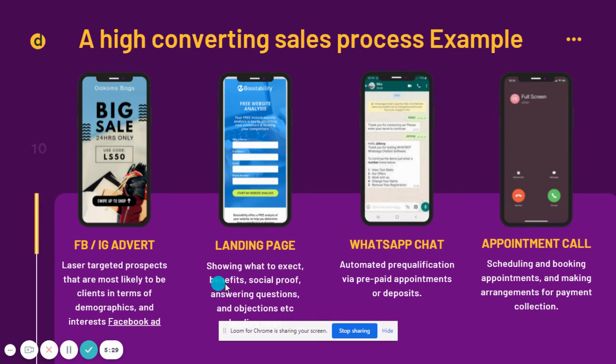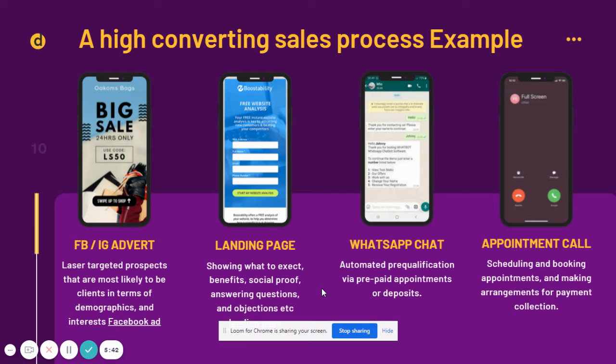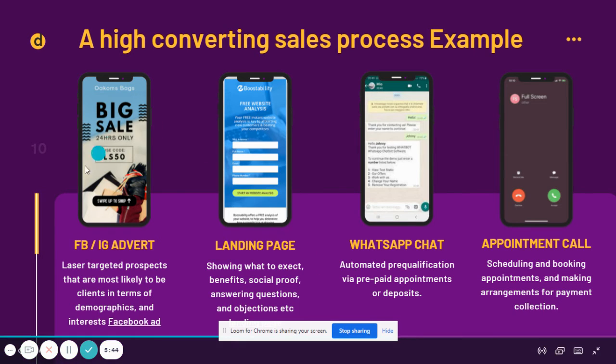You're going to show them what to expect, the benefits, social proof, answer questions, objections, preconceived notions, all those kinds of stuff. And in another way, in this second stage, you're asking for intent. Now remember, on the Facebook ad, we were asking for interest.